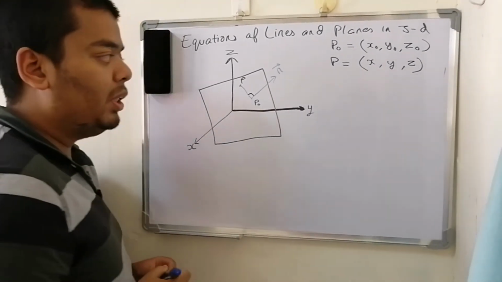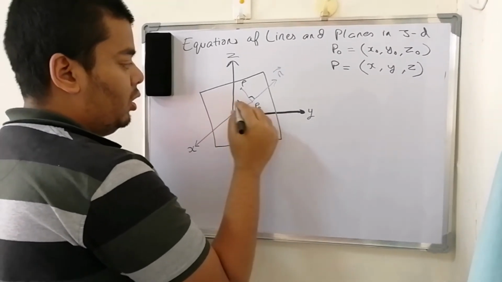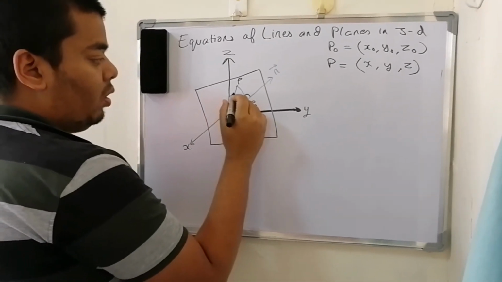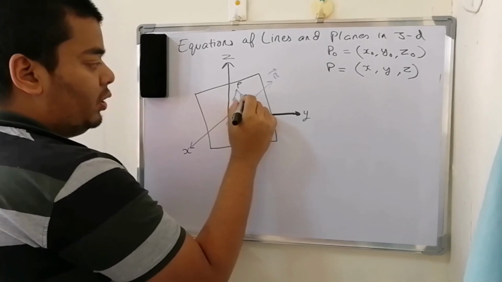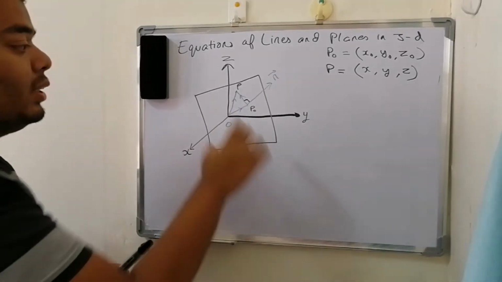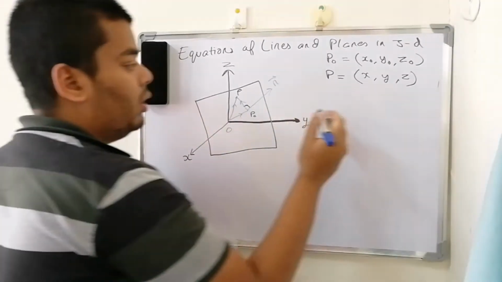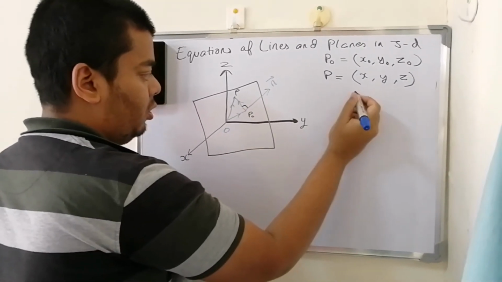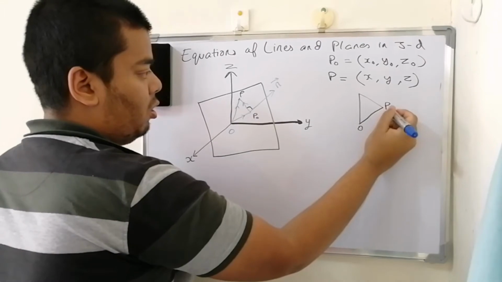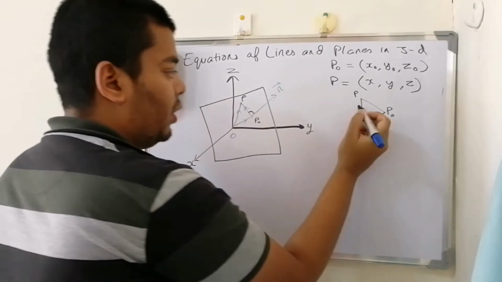To find the vector P naught P, we'll first draw from the origin OP naught and OP. So these are the directions. To find P naught P, let's separate this triangle out so that we can use the vector law of addition in triangles. This is a triangle, and let's give directions.